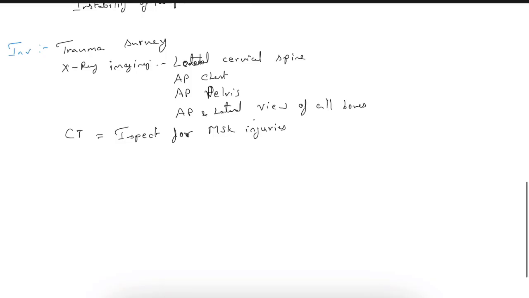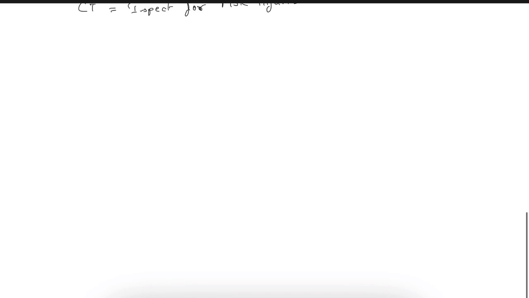Okay, so now the main thing. If any patient comes to you in the accident and emergency department, then we have to start management. In this management, first we have to do the primary survey. What comes in the primary survey?